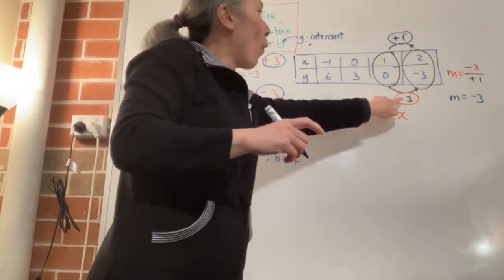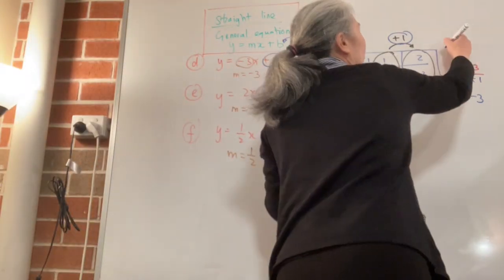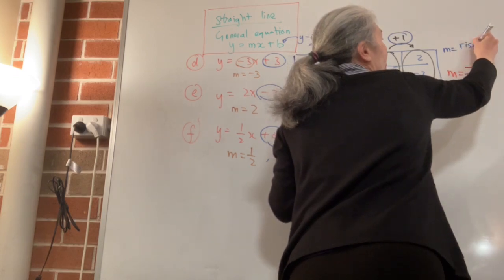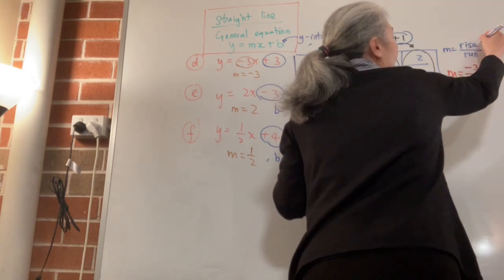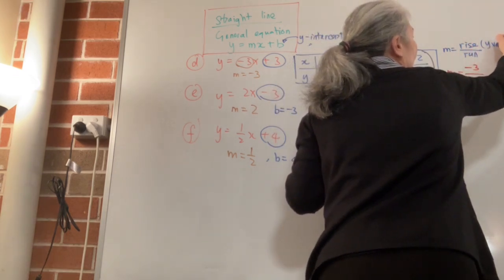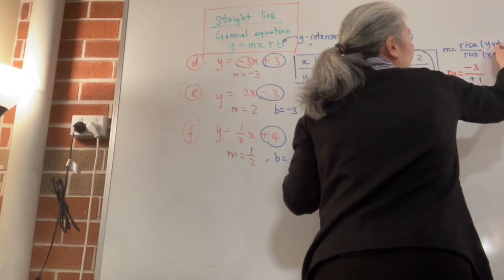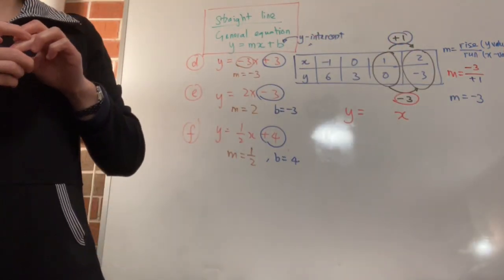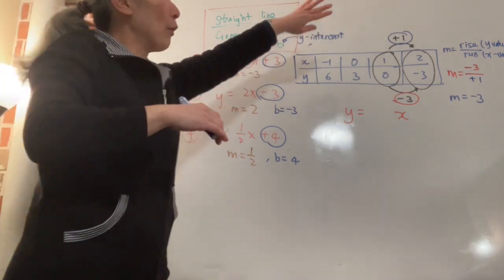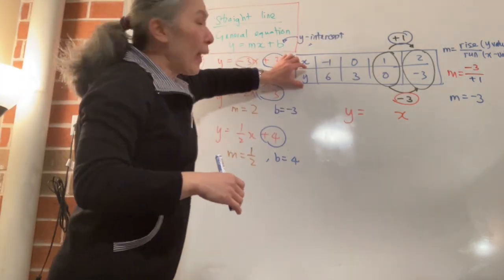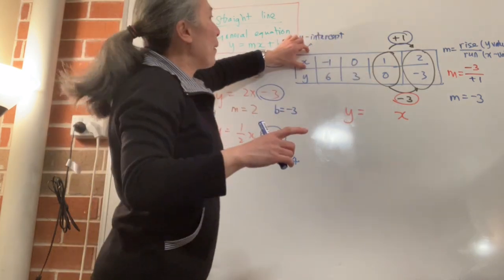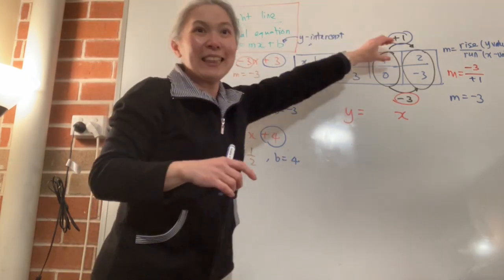Always the y on the top. So m equals rise over run. Rise means the y value, and this is the x value. Always looking at the y, how much it goes up or down, and then how much it goes up or down on the x value.